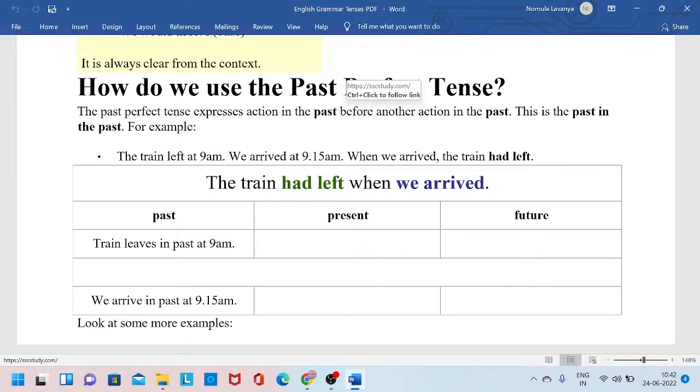The train had left when we arrived. So here it means that the train left in the past at 9 a.m. The action was already done in the past. This is past perfect tense, that is not done in the present or future. 'It had left' itself says that it has happened. And we arrived in the past at 9:15.